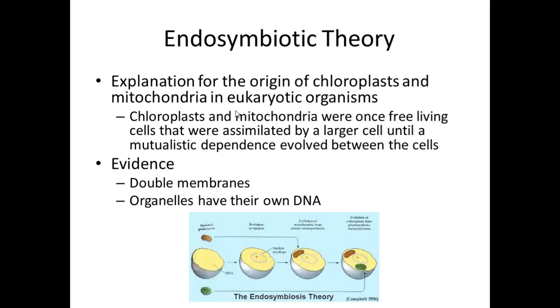So these both point to the evidence of what's called the endosymbiotic theory, which is that both mitochondria and chloroplasts were once their own free-living organisms that were somehow engulfed by a larger organism, and they initially tolerated each other, but eventually built up this mutualistic relationship where they each can now not live without each other. And they both benefit by making energy and providing materials for that energy.